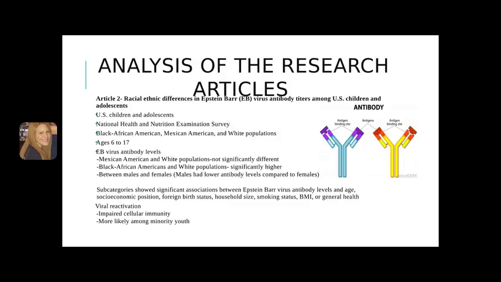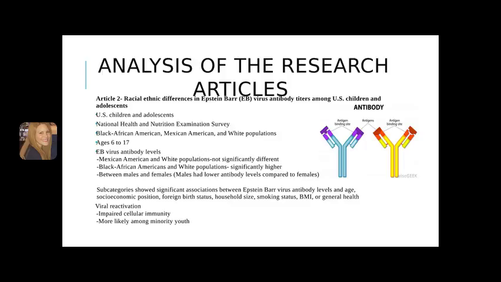For example, comparison of Epstein-Barr virus antibody levels between males and females, where it was determined that males had lower levels compared to females. Other subcategories showed significant association between Epstein-Barr virus antibody levels and age, socioeconomic position, foreign birth status, household size, smoking status, BMI, or general health.